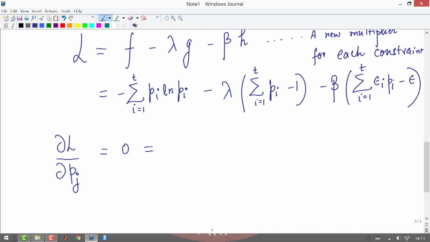So, you can see the first term of the Lagrangian, only the term Pj when i equals j will contribute, and that simply gives minus of 1 plus ln Pj, and the second term would give minus of minus lambda into 1, which is just plus lambda, and the final term would give minus beta into epsilon j, because only the i equal to j term will contribute there, and epsilon is anyway a constant, the last term is 0, the derivative of the last term with respect to Pj is 0.